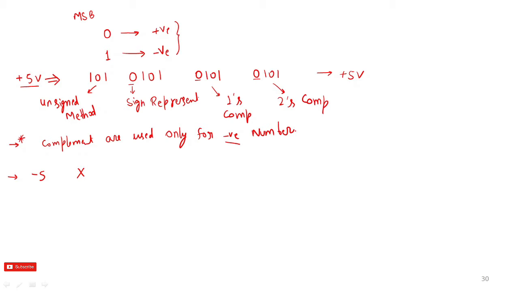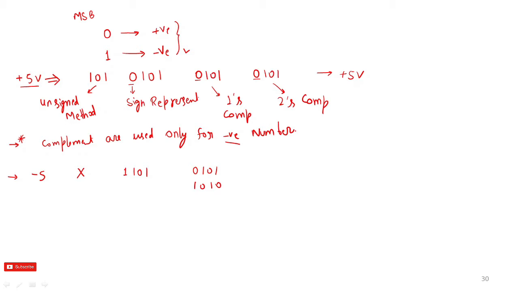Sign magnitude means 1 0 1, and the MSB bit is 1 because we are taking 1 for negative and 0 for positive. What about one's complement? The procedure is, first you have to write the positive number. Positive means 0 1 0 1. Then you have to take its one's complement, meaning 1 0 1 0.